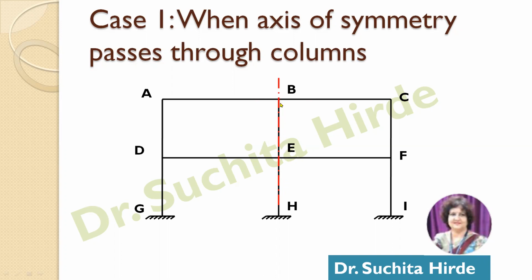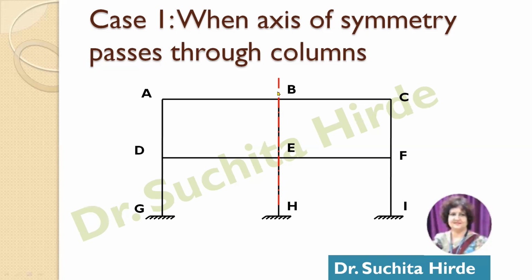After that, if you consider joint B, because of these columns here, and our assumption is neglect axial deformation in the member, there will not be any vertical displacement of joint B. Similarly, due to symmetry, there will not be any horizontal displacement also at joint B. Also, at symmetry, slope is always 0.